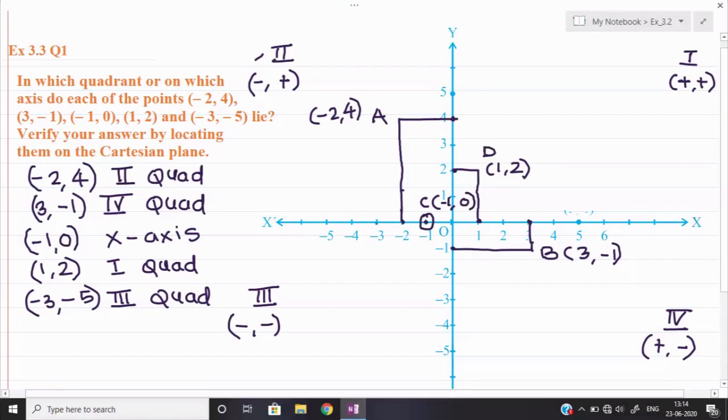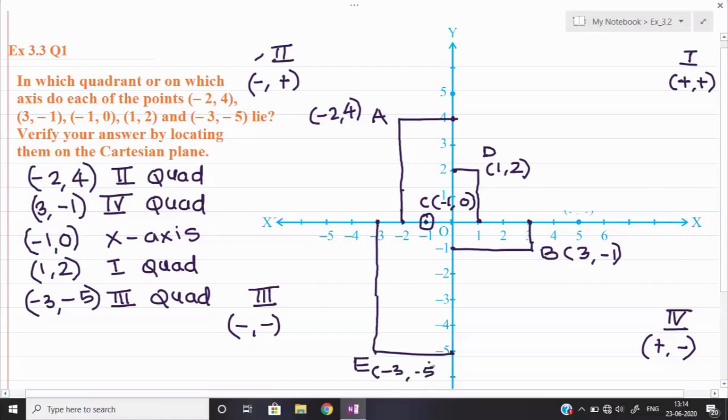So first of all you go to minus 3 on the x-axis and minus 5 on the y-axis. From here I will draw one vertical line, and from here I will draw the horizontal line. So this is my point E, that is minus 3 comma minus 5.